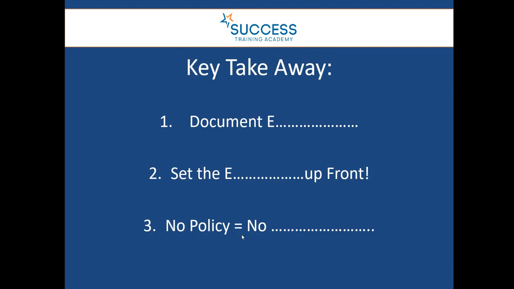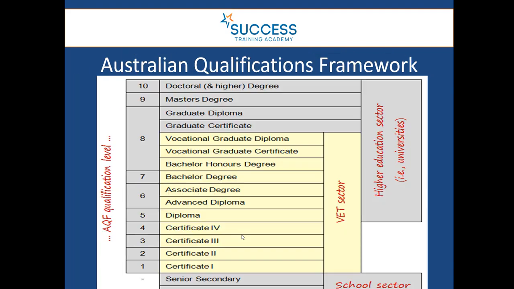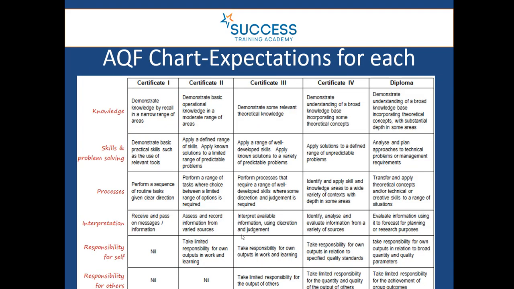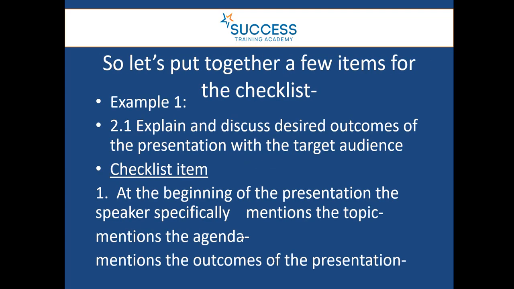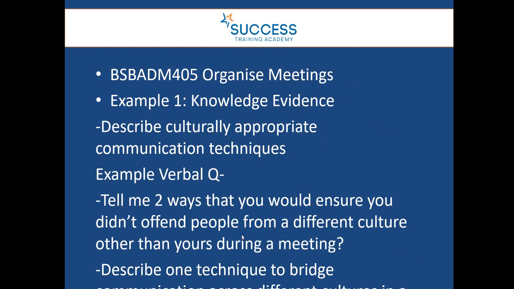And then we revisited the AQF chart. We talked about the fact that the quality of the question will determine the quality of the answer. If you want a different answer, you need to change the question. We looked at some random excerpts from a unit and how we could turn that into either an observation checklist item or a written test question.